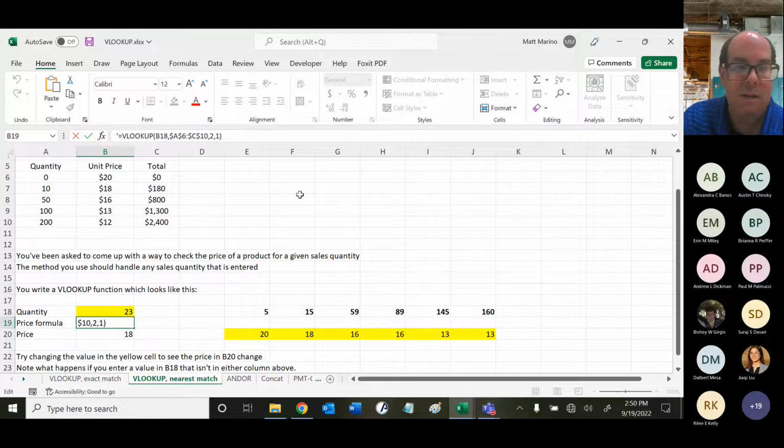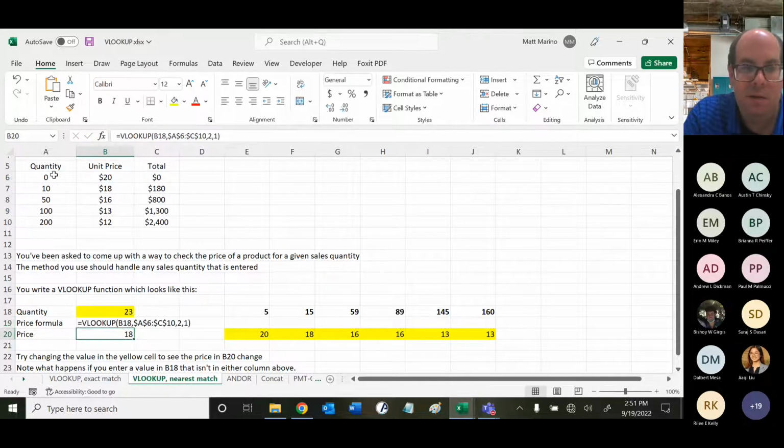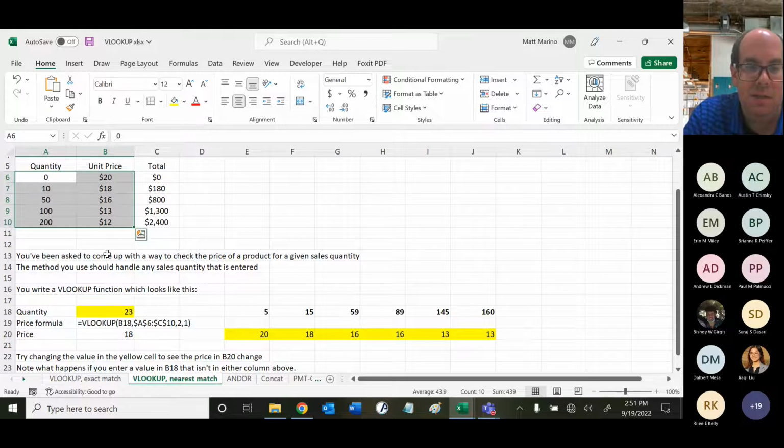For a nearest match, you always want the last parameter to be 1 for true. What that tells VLOOKUP is that it has to look through the entire table or whatever range you've highlighted. In this example, the 2 columns.